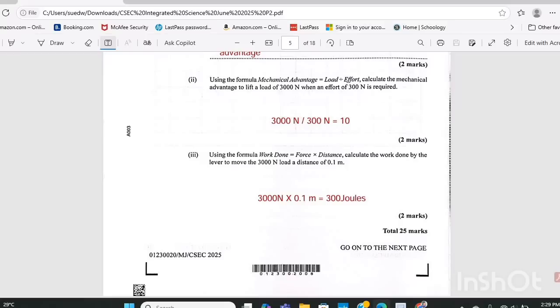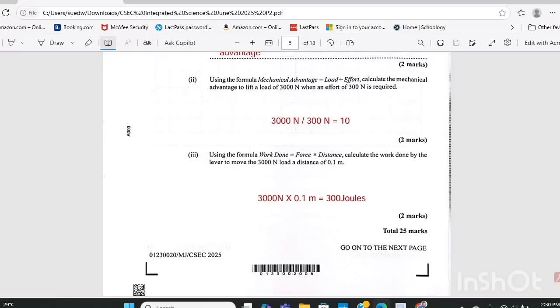So all you have to do is follow. So you would get 1 mark for calculating and also another mark if you left the 10 unitless, because remember, mechanical advantage has no units. All right, so the answer would be 3,000 divided by 300, which would equal 10, just plain 10.